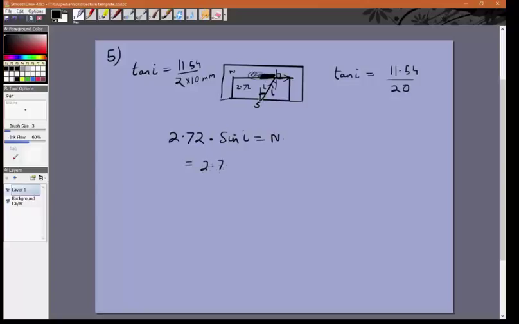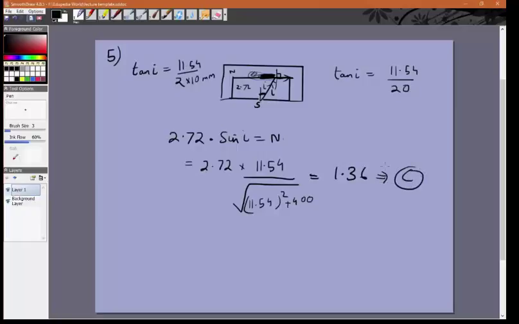So it will be 2.72 multiplied by sine I. If tan I is this thing, then sine I will be 11.54 by root of 11.54 whole squared plus 20 squared, which will be 400. And if you solve this, it comes out to be equal to 1.36. So the answer to question number 5 is option C.